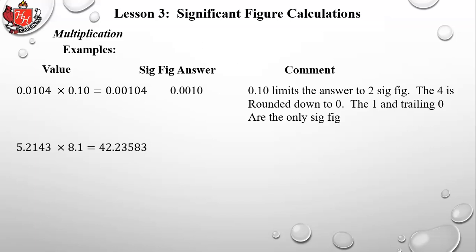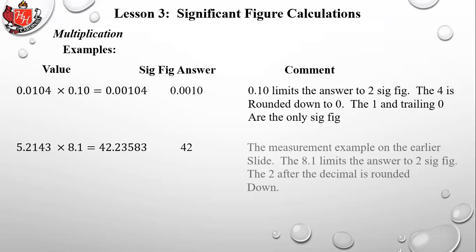How about this one? 42. The measurement example on the earlier slide, that's what this is. Those are the numbers we did earlier on that room example. The 8.1 limits the answer to 2 Sig Fig. So the 2 after the decimal in 42.23583 is rounded down.